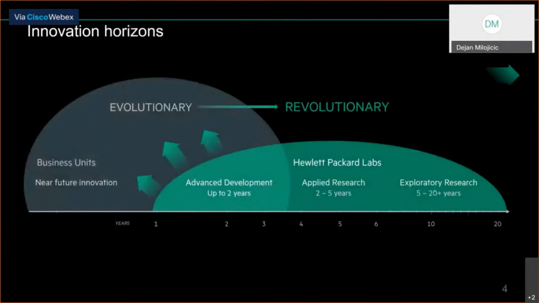What we do is something in the spectrum of 2 years and maybe all the way out to 20 plus years. And what I'm talking about today, Memristor, is some of these results that came after 20 years of exploratory research. But then what we do is we try to feed that into the business units for products, which are more of evolutionary, whereas what we do is revolutionary.